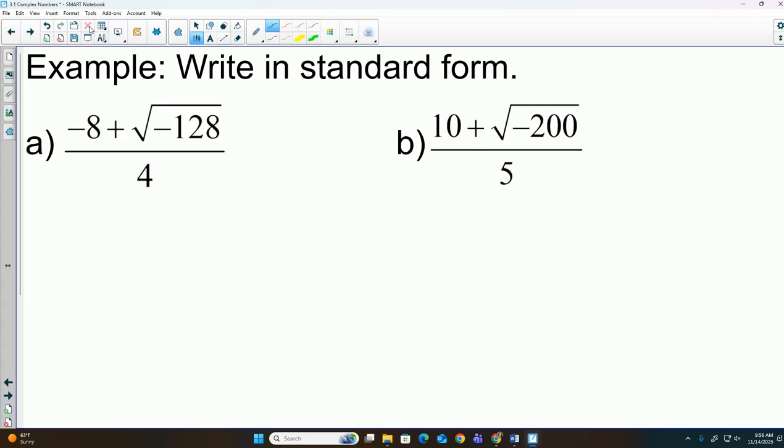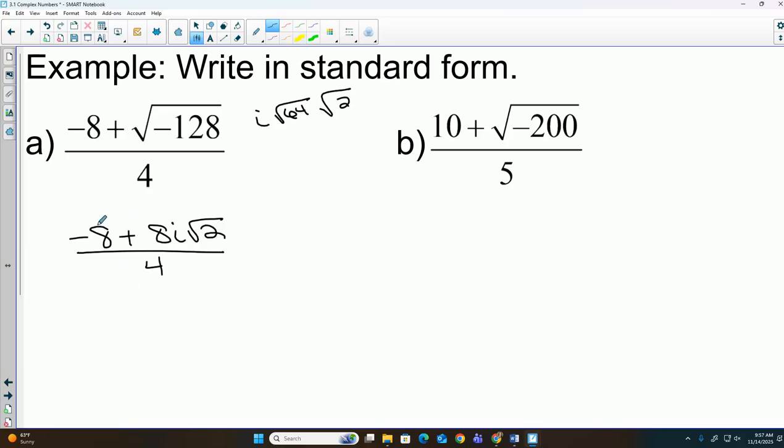What would I have to do first here? Okay. The square root of negative 128, we could take out an i. Are there any perfect squares that go into 128? 64. Okay, so we get negative 8 plus the square root of 64 is 8. We have an i, radical 2 over 4.